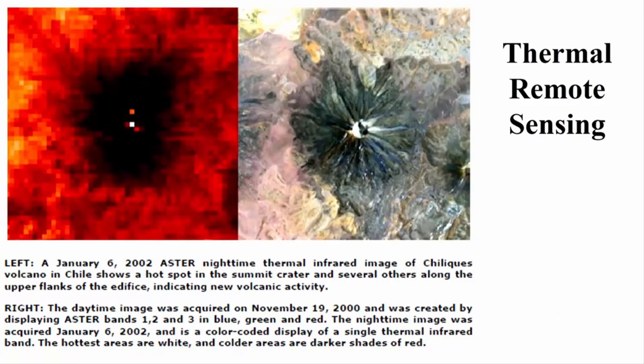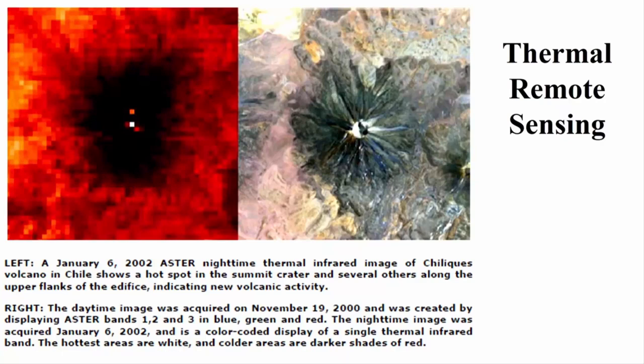This slide shows the importance of the thermal data set. The right hand side image is the multispectral data set of Aster, and the left hand side image is the Aster nighttime thermal image. After seeing this structure, we can easily say that this is the image of a volcanic structure.